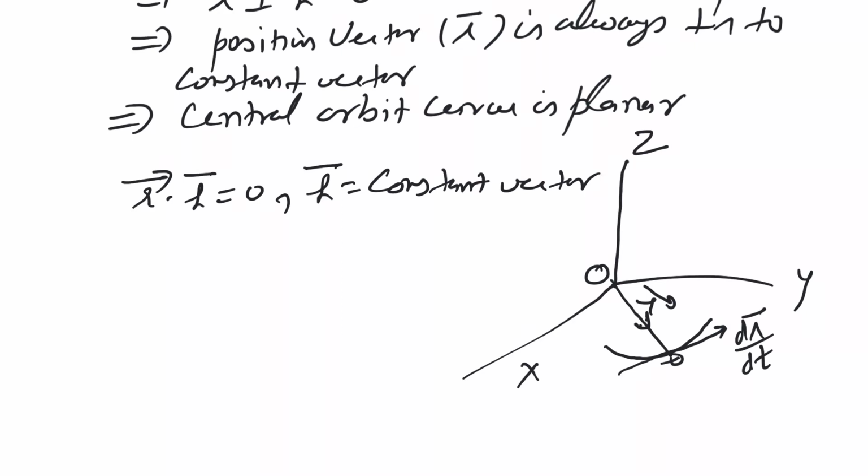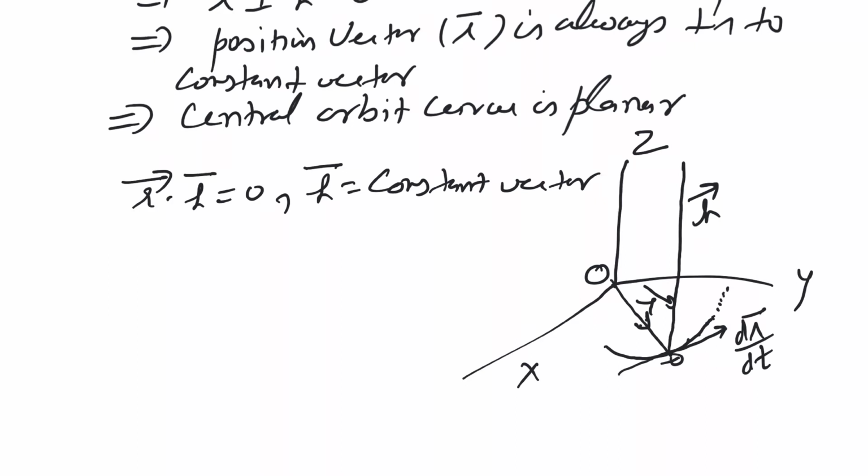The constant vector, wherever it is, is always perpendicular to this curve. So the only possibility for the constant vector to have a direction is along the z-axis.